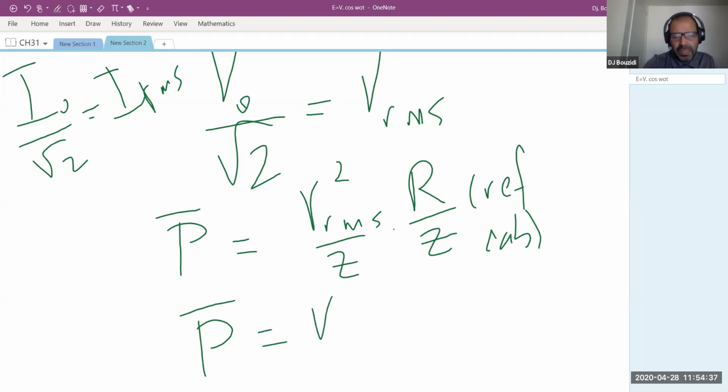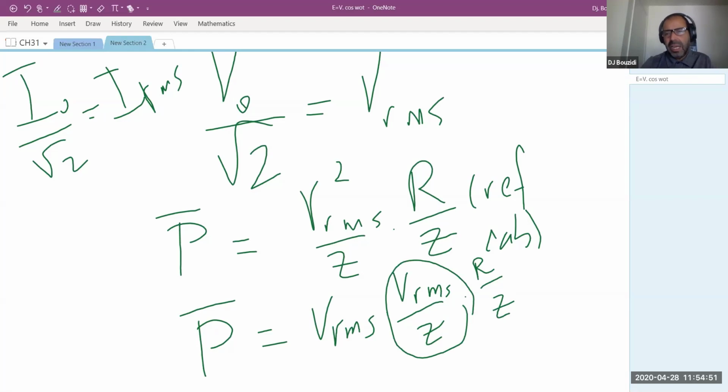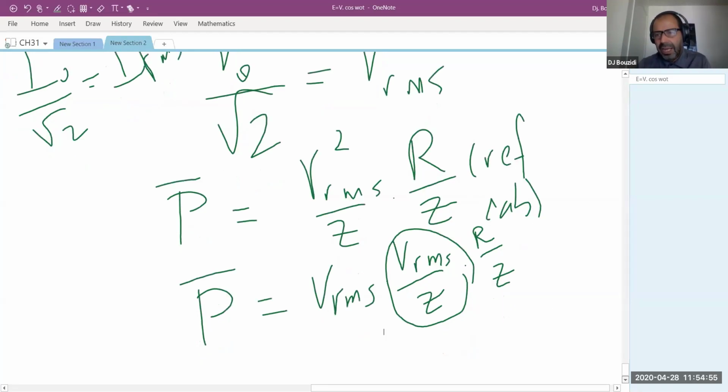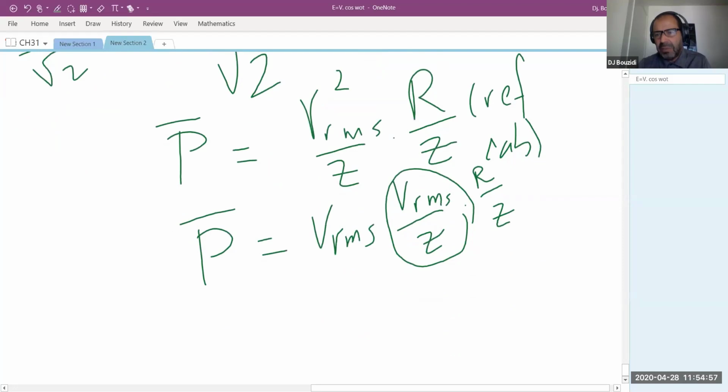V RMS times V RMS over Z times R over Z. Well, this expression in here is actually I RMS, because the maximum current is just the maximum voltage over Z. So if we divide both expressions by square root of 2, this expression still holds true.